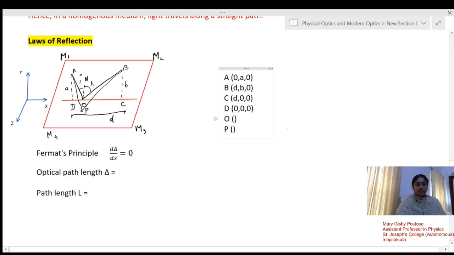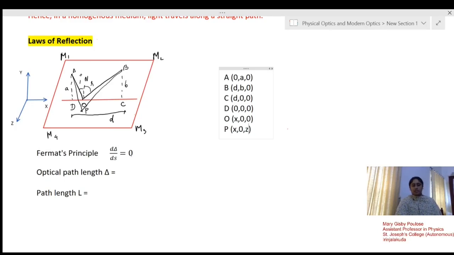Okay, so it can move along the line, right? So I can define it as x, comma, it won't vary along the y-axis, so 0, comma, and it is restricted to the line. Okay, so here z will be 0. Now P can vary along any point on the plane, so that becomes x, comma, 0, comma, z. Okay, we have defined the coordinates of these points.